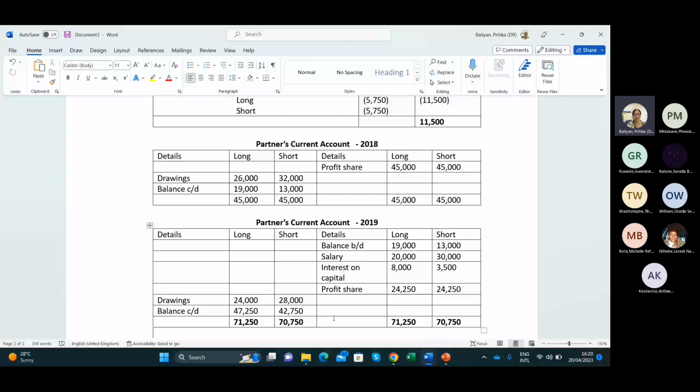Whatever the balance is, the balance will transfer to the next year. The balance was 19,000 for Long and 13,000 for Short. So we start with the opening balance, 19,000 and 13,000.